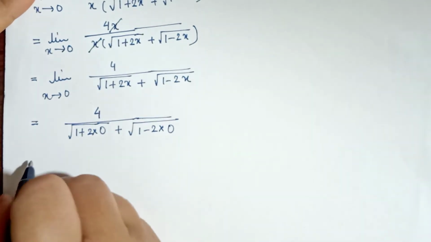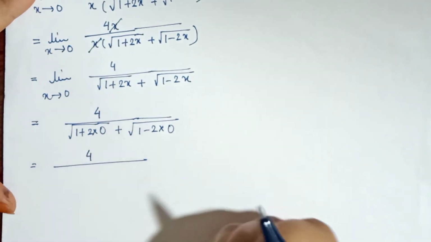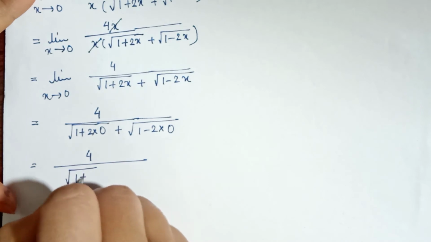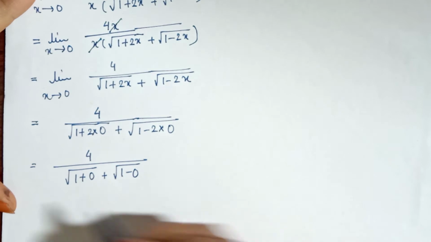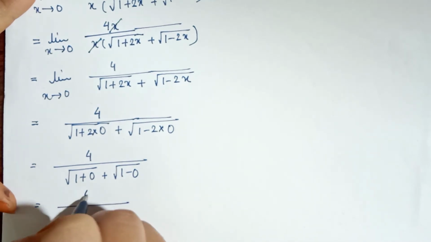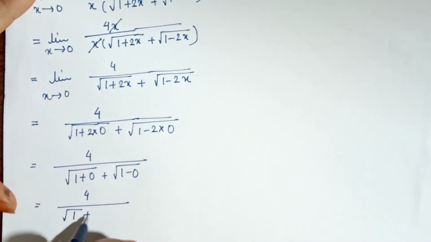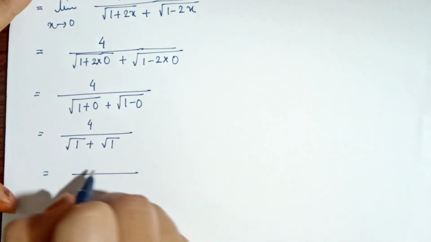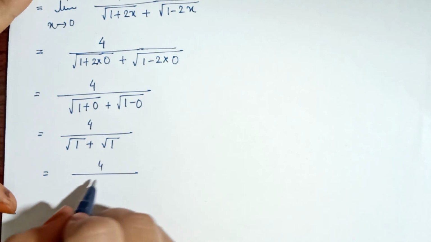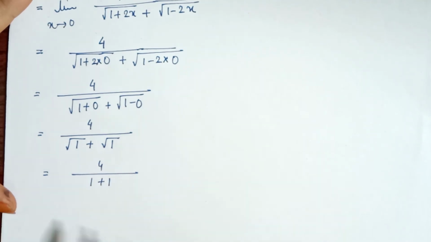Okay, now we will get 4 divided by root over 1 plus 0 plus root over 1 minus 0. So we can get 4 divided by root 1 plus root 1. Now root 1 value is equal to 1.